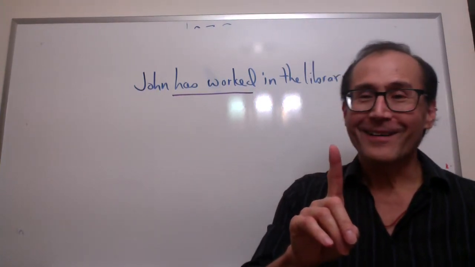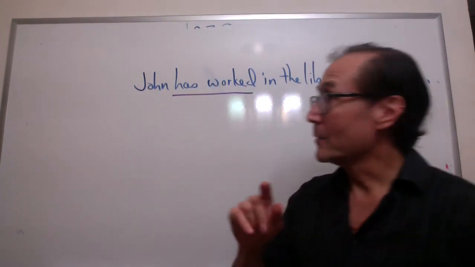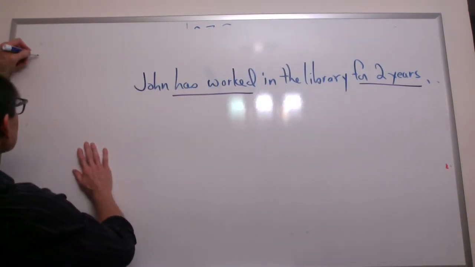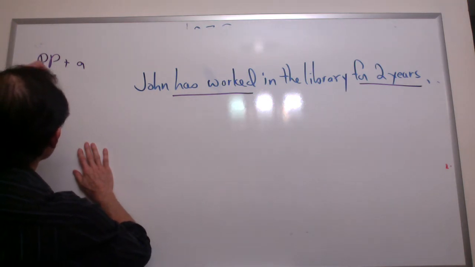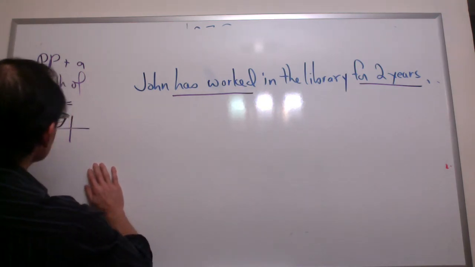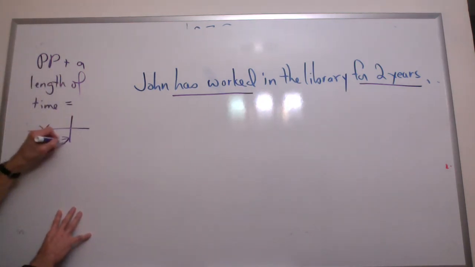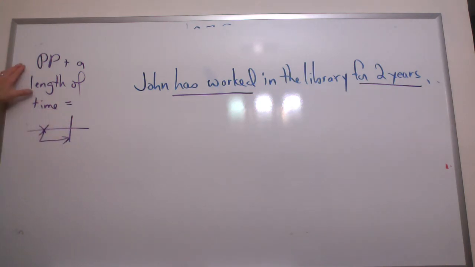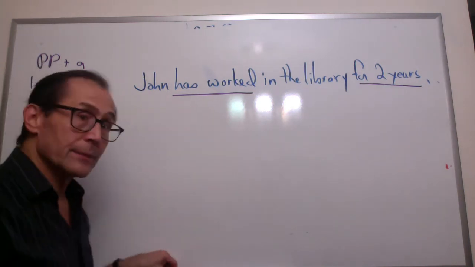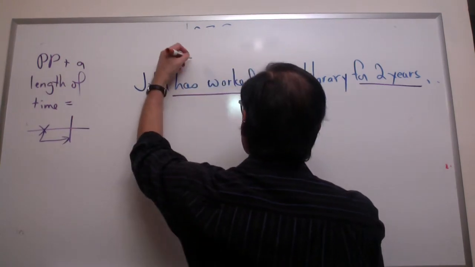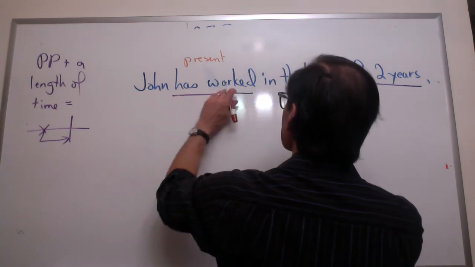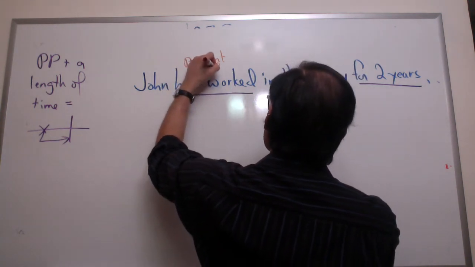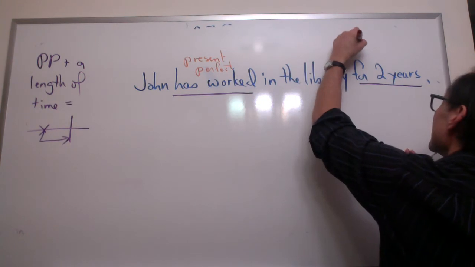Now, remember, when I use present perfect plus a length of time, that equals this action started in the past and it has continued until now. So present perfect with a length of time means it started in the past, continues until now. So here I have present perfect. I have has or have, plus past participle. And here I have a length of time.